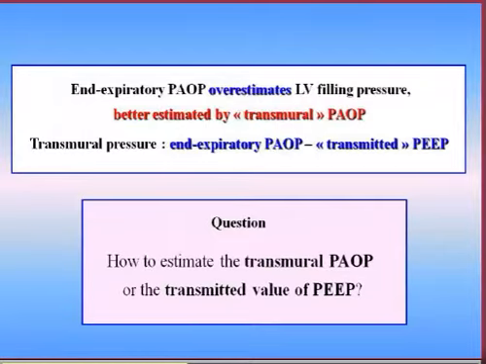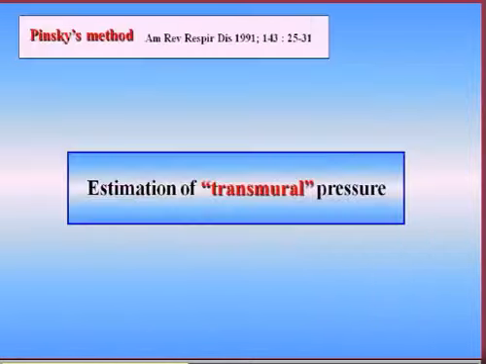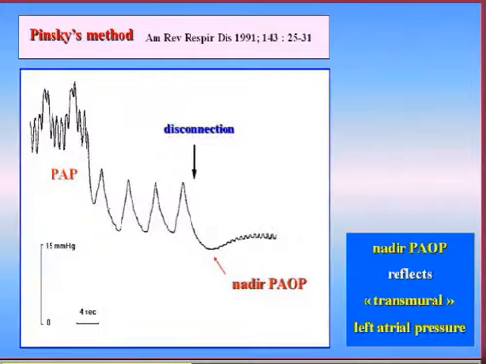There are two different possibilities. The first one was described by Michael Pinsky. This is Pinsky's method. Michael proposed to estimate transmural PAOP after disconnection of the patient from the ventilator, and he measured the nadir PAOP value just after disconnection.